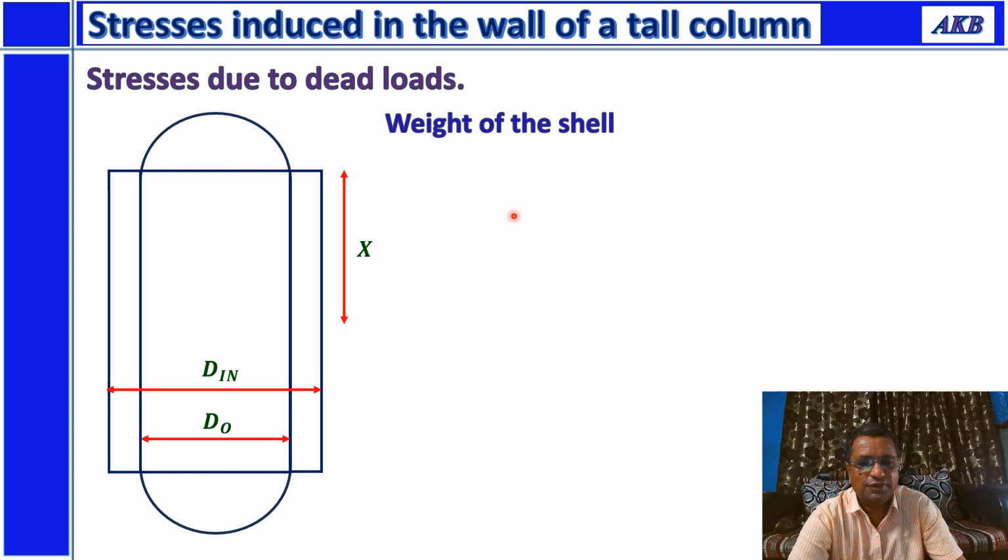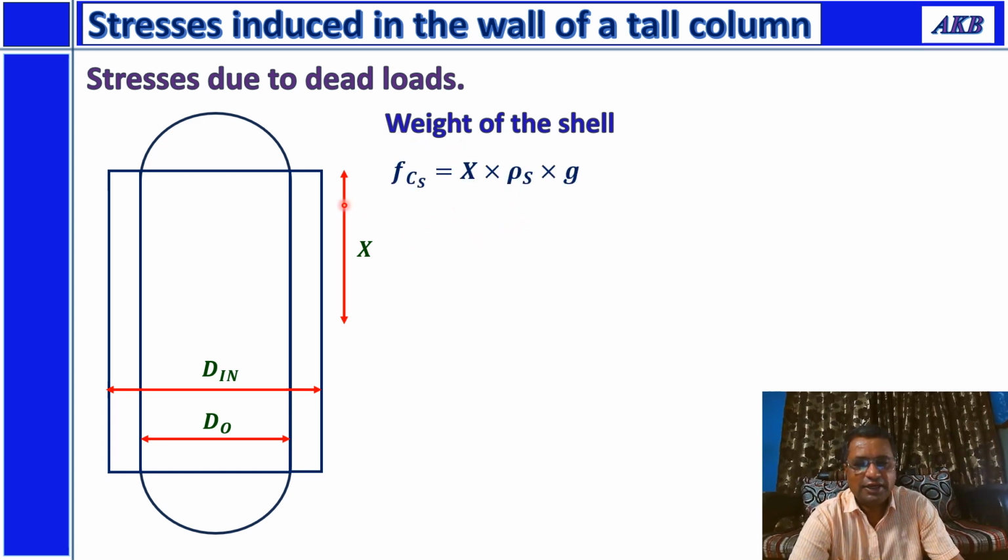First is the weight of the shell. I have already discussed it in a separate video. I'm going to give a link to that video in the description section. So, weight of the shell. How to get the stress that will be induced due to the weight of the shell? Let us understand.